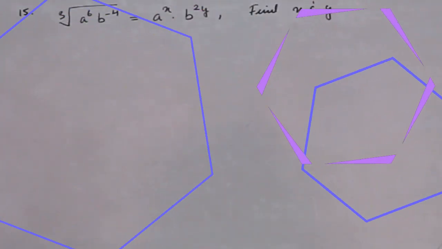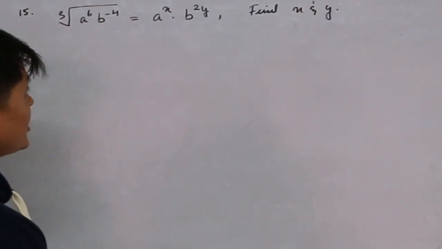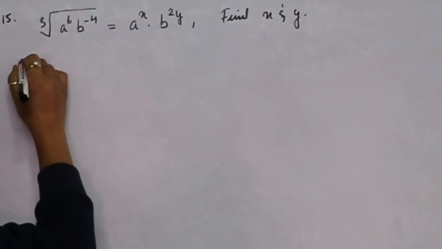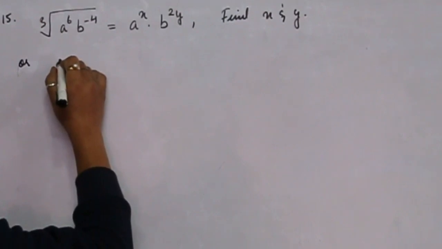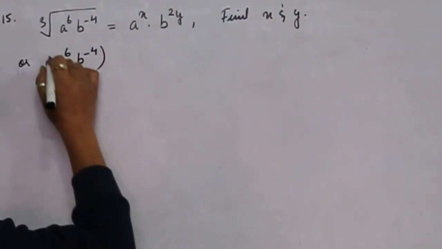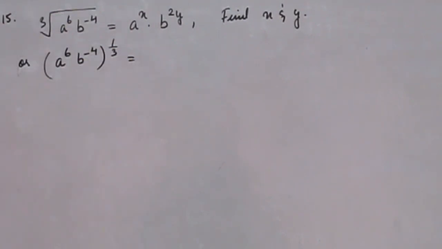Here, the next question is: cube root under a to the power 6 b to the power minus 4 is equal to a to the power x into b to the power 2y. Find x, y where a and b are two positive numbers. This can be written as a to the power 6 b to the power minus 4 whole to the power 1 by 3, because cube root is 1 by 3.